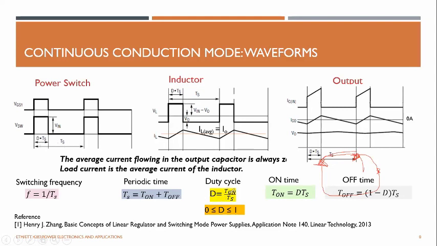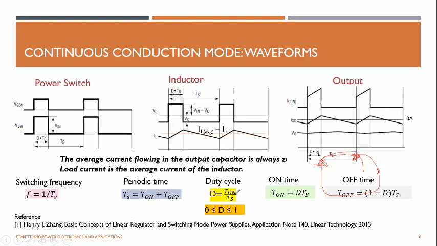If you have 0 turn on time, which means you just turn off the switch all the time, your duty cycle is 0. If you turn on the device for the whole time period, the duty cycle is 1. But normally we don't go to these extreme conditions, either fully turned off or fully turned on. We will switch between these two values. The duty cycle can vary from 0 to 1.